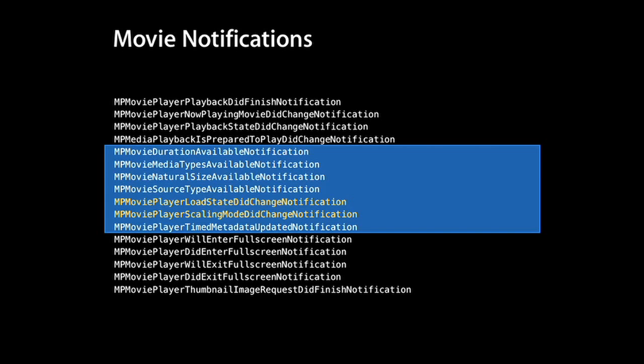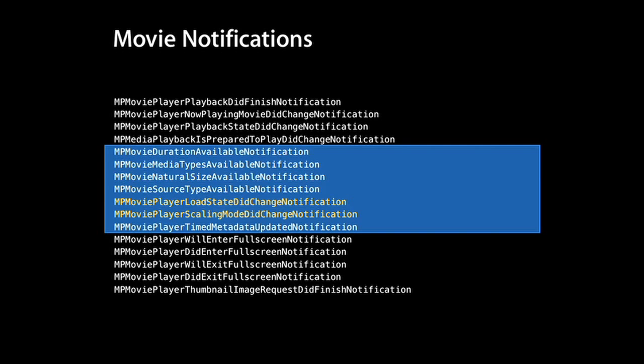The next two notifications here have to do with things that can change, that are part of the presentation state of the movie. For instance, scaling mode did change. If the user is allowed to change the scaling of the movie, that is, what the aspect ratio is of the movie as it's going along, your application will get notified with a scaling mode did change notification.